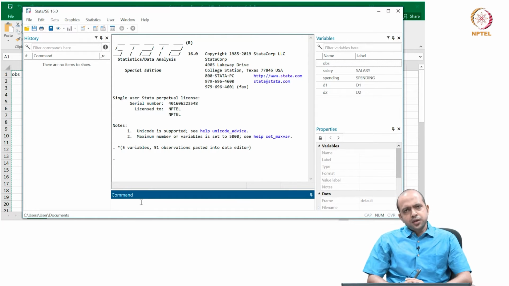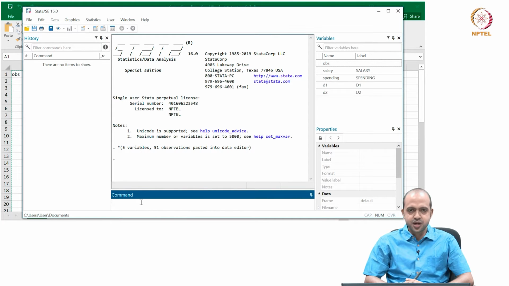Now, in today's class we will learn how to estimate those dummy variable models that we have discussed earlier using some data set, and we will be using again the same statistical software Stata for our estimation purpose.